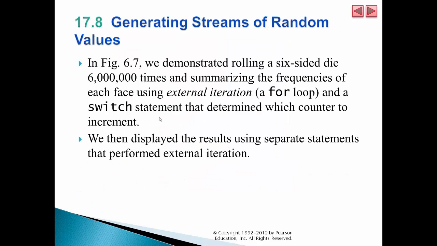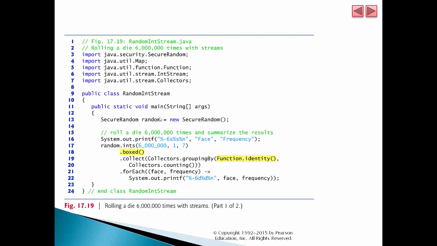Okay, so we discussed this random input stream. This secure random generator generates 6 million numbers between 1 and 6, right? And then we're calling the boxed method to convert these primitive integers into their object representation. And then we can use the identity function. Identity basically gets the value and returns the same value.